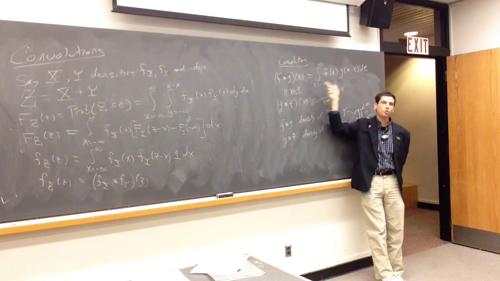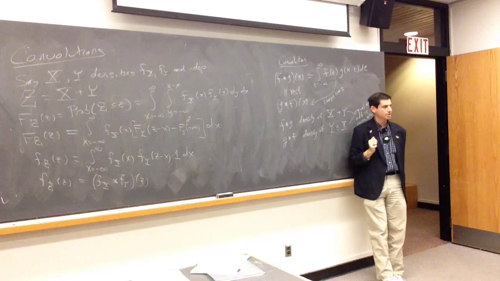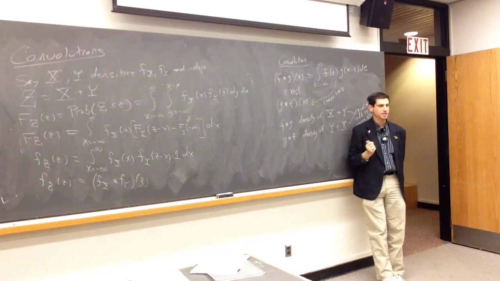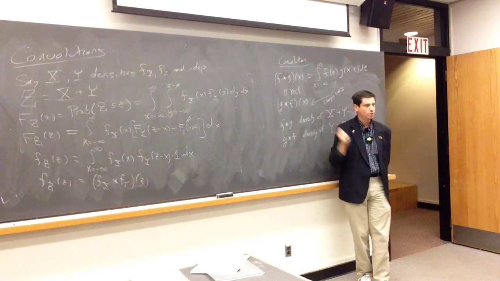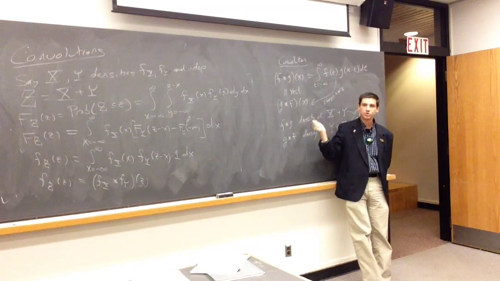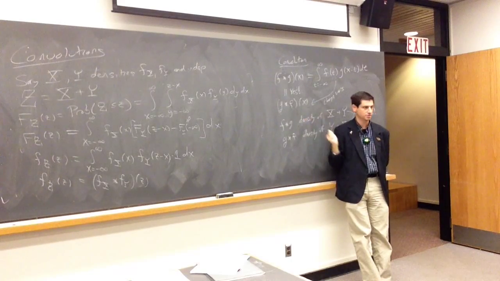If we were to look at a more general case where we just had two functions f and g, and they weren't probability densities, we wouldn't have this physical interpretation anymore. And then the result would no longer follow from this argument. It's still true, but we couldn't use this argument. But because we're in the very special situation that f and g are densities, we have this wonderful interpretation.